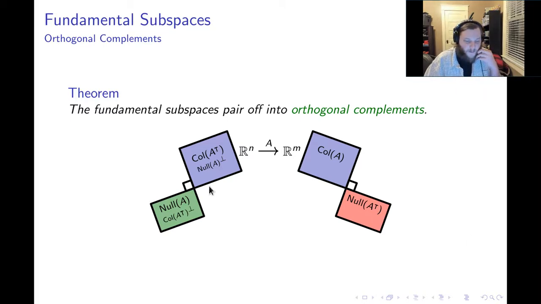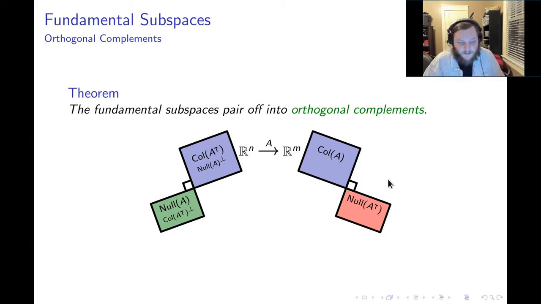So here it's appropriate to write that the null space of A is the same thing as the row space, so the column space of A transpose, with a superscript perpendicular sign. Same goes over here: it's appropriate to write the column space of A transpose equals the null space of A raised to the perp sign.